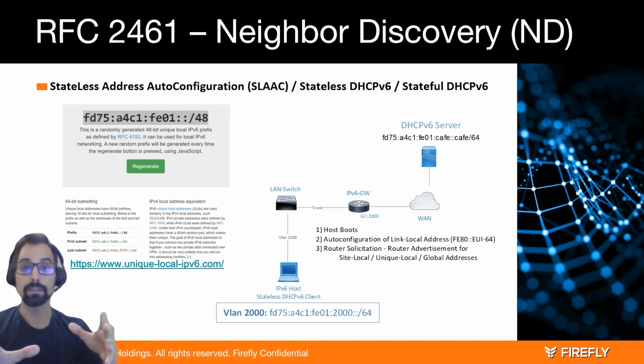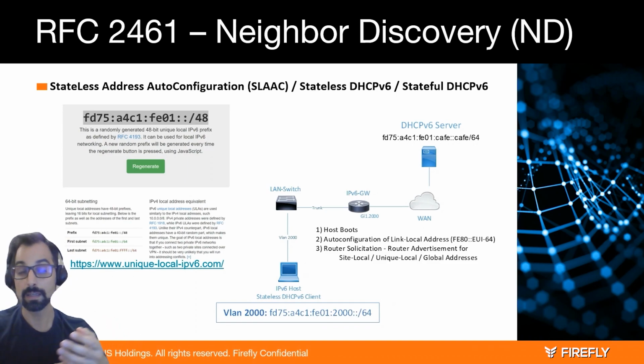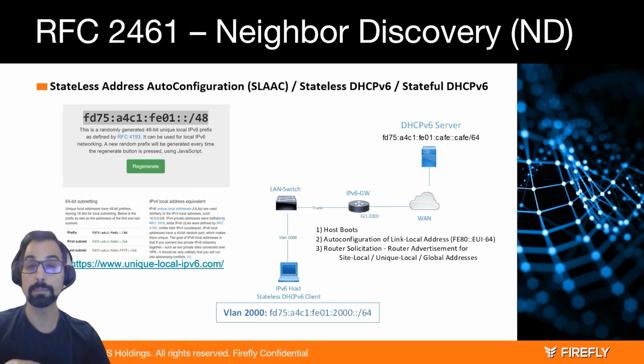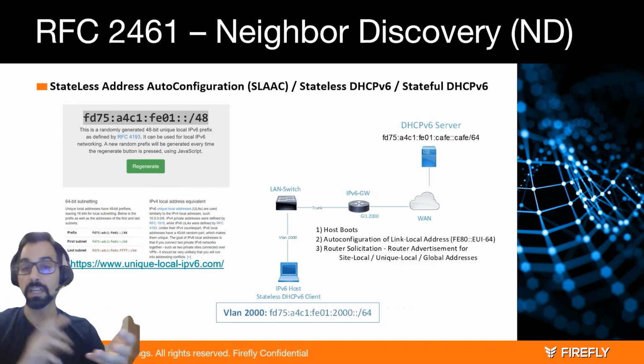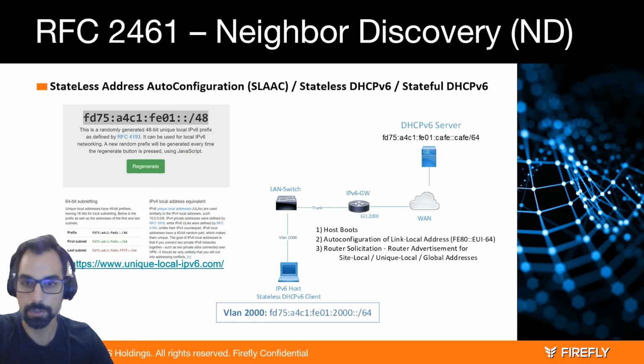And then we have kind of a solution in the middle, which is stateless DHCP version 6, where we're going to use the router advertisements to get our prefixes, but we're going to use also the DHCP server to get some other parameters like DNS, for instance, or domain, right? And in the lab, we're going to use that option.